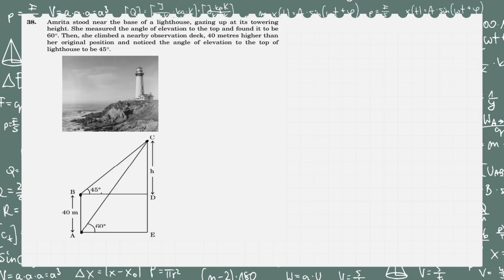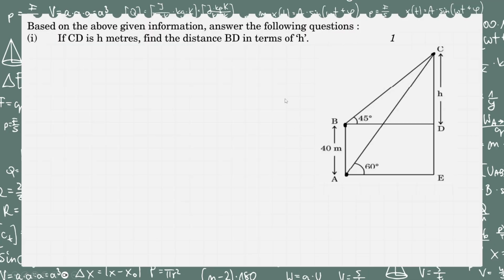From the point B, she is again looking at the top of the tower at an elevation angle 45 degrees. Now we are drawing a perpendicular from point B to the line segment CE, which is the total height of the lighthouse. Based on the above given information, answer the following questions. Question number 1. If CD is h meters, find the distance BD in terms of h.